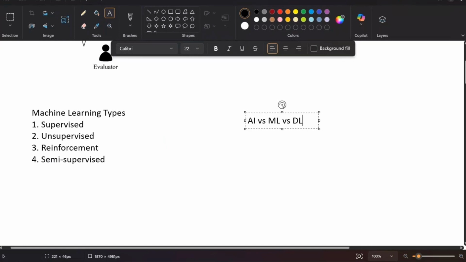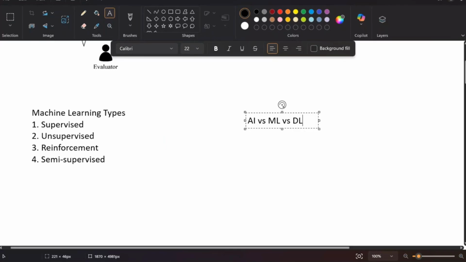It encompasses reasoning, problem solving, perception, decision making, like chatbots or expert systems, robotics, language translation. So, AI is the umbrella term, and machine learning and deep learning are subsets within it, right?